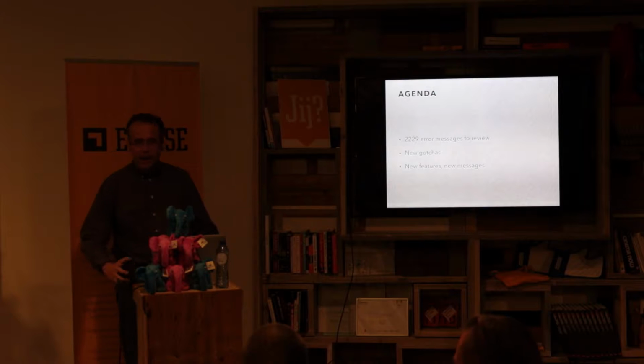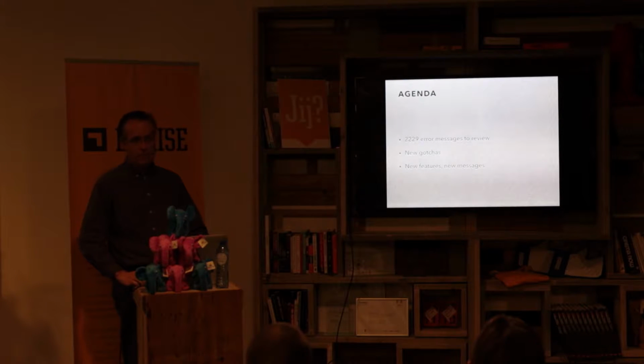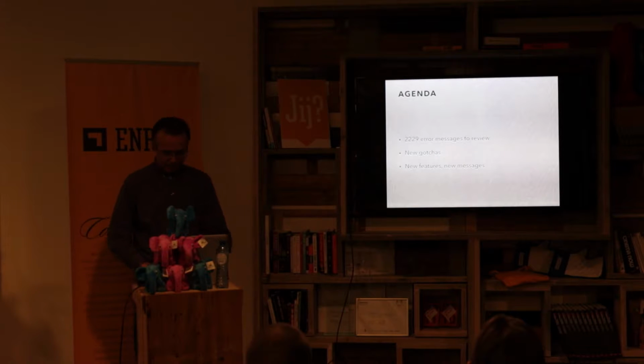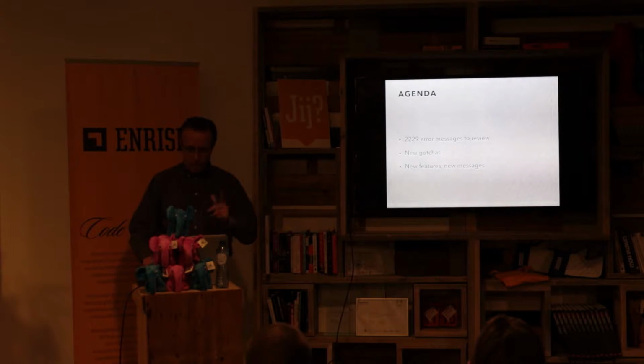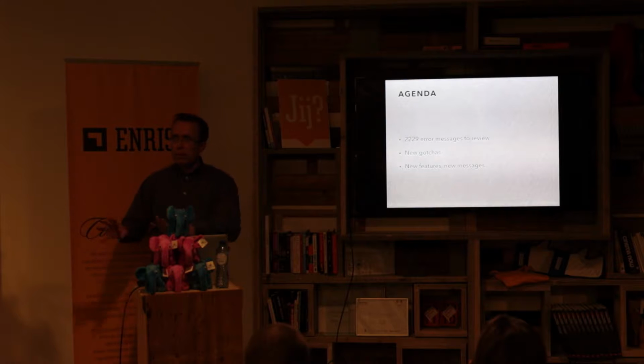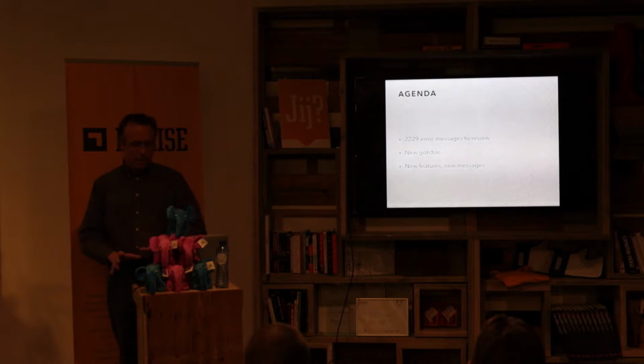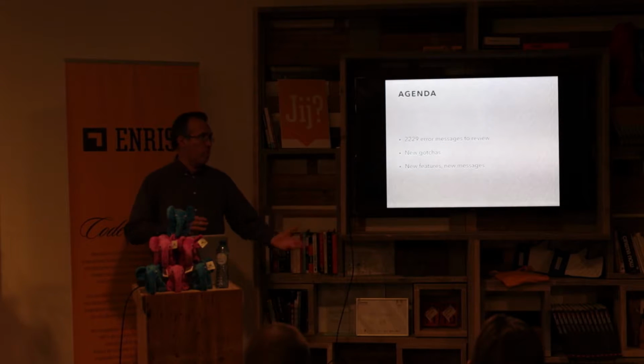So I have a plan B. We're going to see a few of them, focusing on the different gotchas, the features, and mostly the new messages. I try to get rid of the old ones, so just brand new messages. Hopefully they're not going to backport them to PHP 5.6, but whatever.